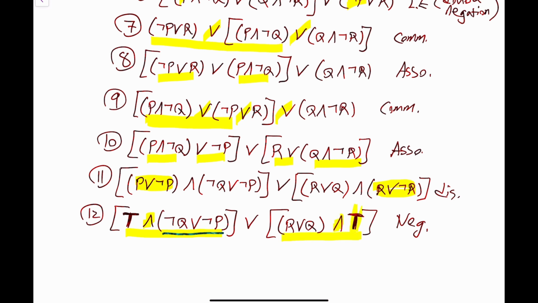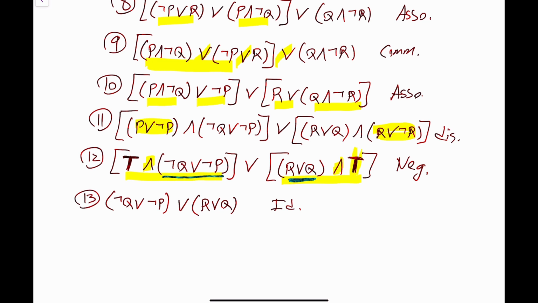So the truth value of the conjunction as a whole is entirely dependent upon this disjunction. And that is just the identity law. So for 13, we'll get parentheses, not Q or not P, close parentheses, or parentheses, R or Q, close parentheses. Identity law.